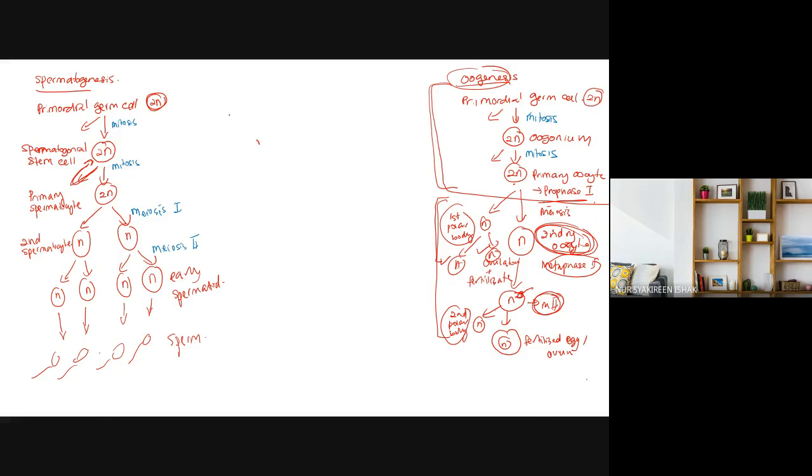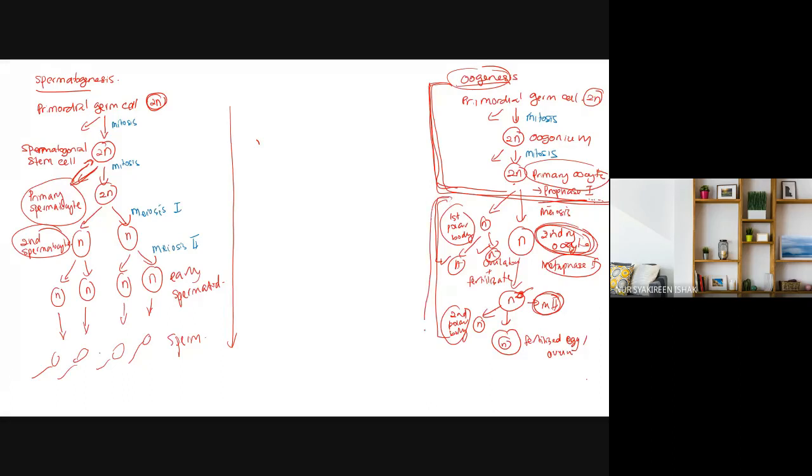Okay, so spermatogenesis daripada puberty throughout lifetime. Tapi kalau oogenesis daripada embryo sampai ke baby tu kan, dia dah start ada primary oocyte. Tapi kalau male, primary spermatocyte ni untuk dia menghasilkan sperm, lepas puberty and throughout lifetime.